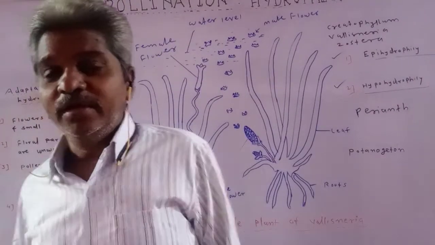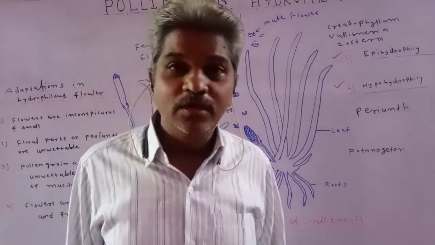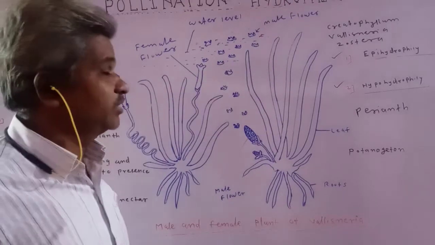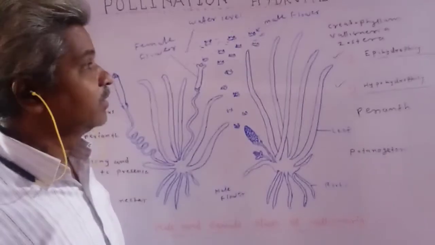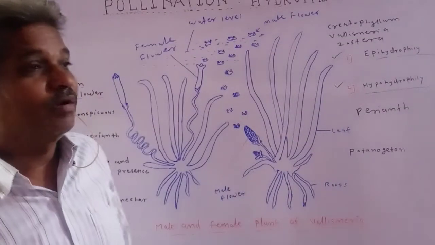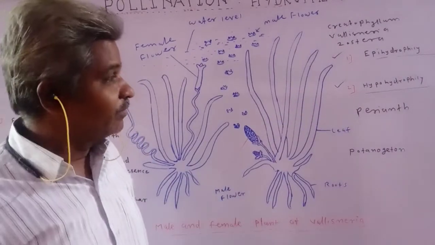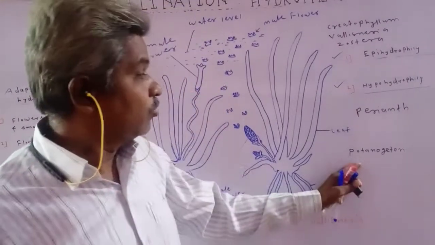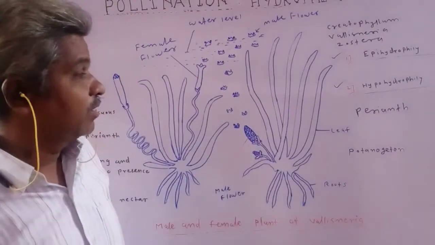So in this way, not all aquatic plants have the hydrophilous type of pollination. In some aquatic plants there is hydrophilous pollination, in some other aquatic plants there is entomophilous, and in some other species like Potamogeton, pollination occurs with the help of wind.